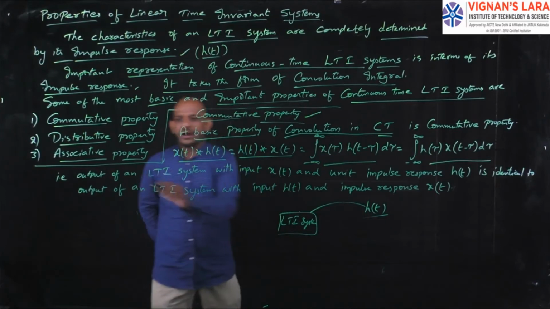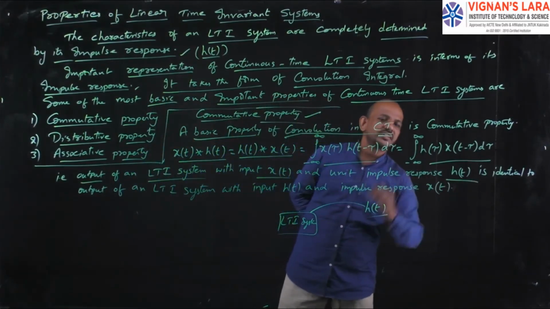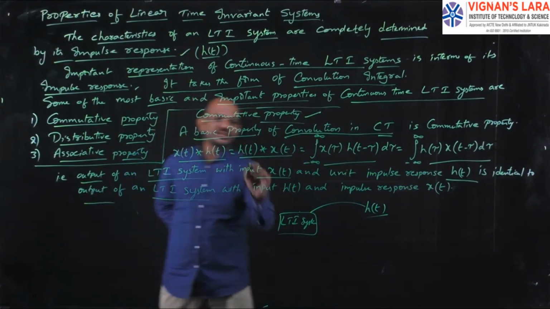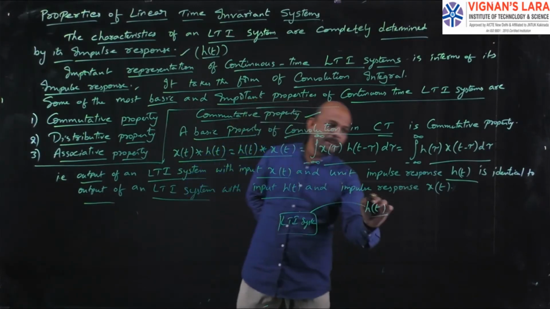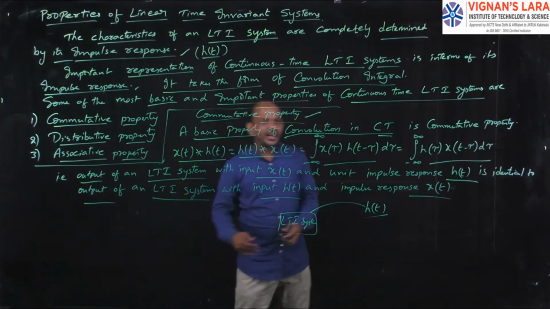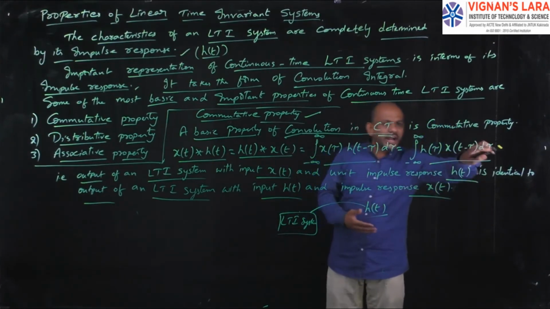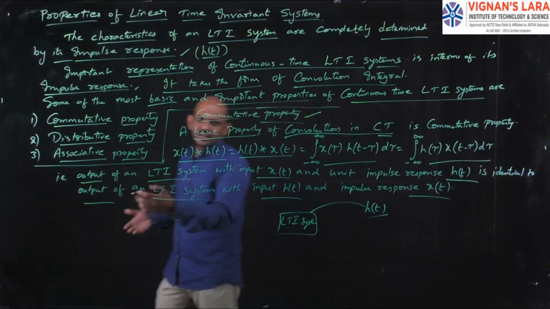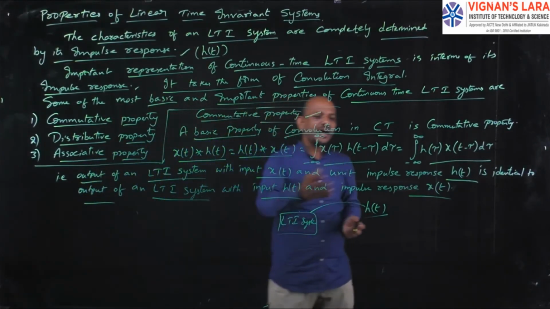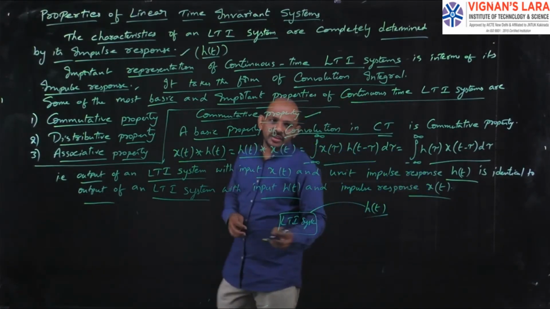That is, the output of an LTI system with input x of t and unit impulse response h of t is identical to the output of an LTI system with input h of t and impulse response x of t. So for the system, if the input is x of t and the unit impulse response is h of t, then it will produce an output, and that output is the same as the output of the system with the input as h of t and impulse response as x of t.